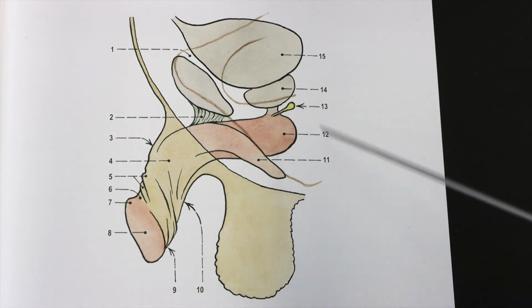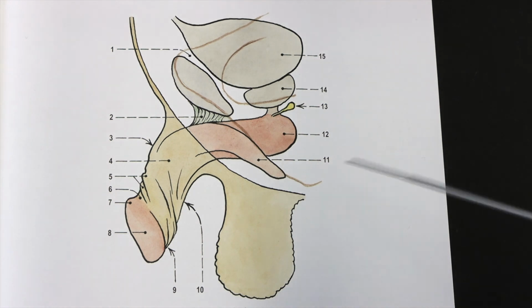In this case it is lubricating and facilitating the ejection of the ejaculatory fluid containing the sperm from the urethra. So this is the bulbourethral gland, or the Cowper's glands.